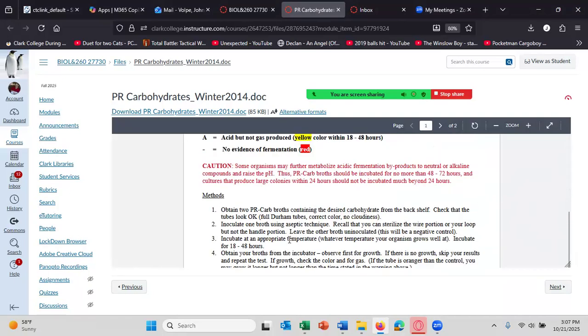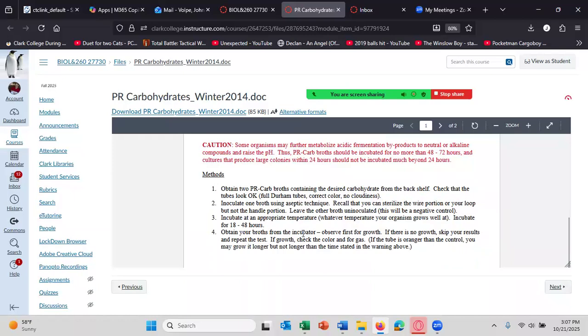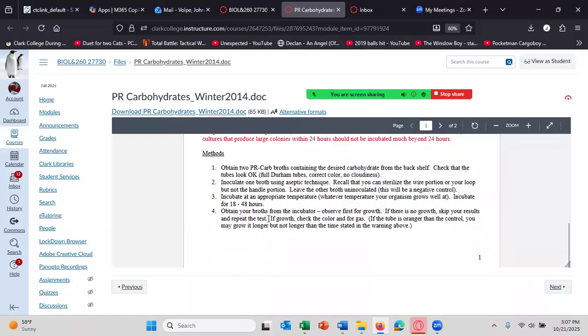And then there's the methods for doing the tube. You get 2 PR carbohydrate broth tubes. Inoculate one with the bacteria. Keep the other uninoculated. It is your negative control. You incubate them at appropriate temperature, whatever temperature your organism grows well at, for 18 to 48 hours. Beyond 48 hours, it's too long, and the tube should not be used.